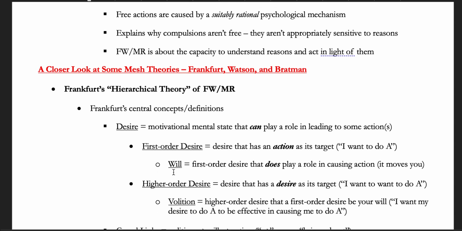Okay, and so it doesn't matter if you're determined, as long as your action was caused by a properly meshed psychology, then that's good enough for free will and responsibility.